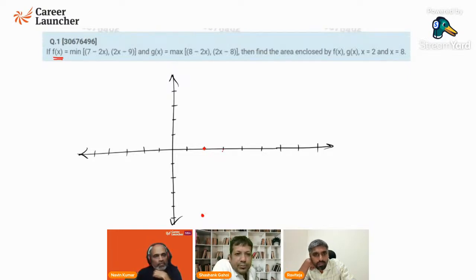So -3 होगा. नहीं, both of these lines 7 minus 2x and 2x minus 9 will meet at x is equal to 4. हाँ, तो वो यही है ना, -5, -3 एंड 0.